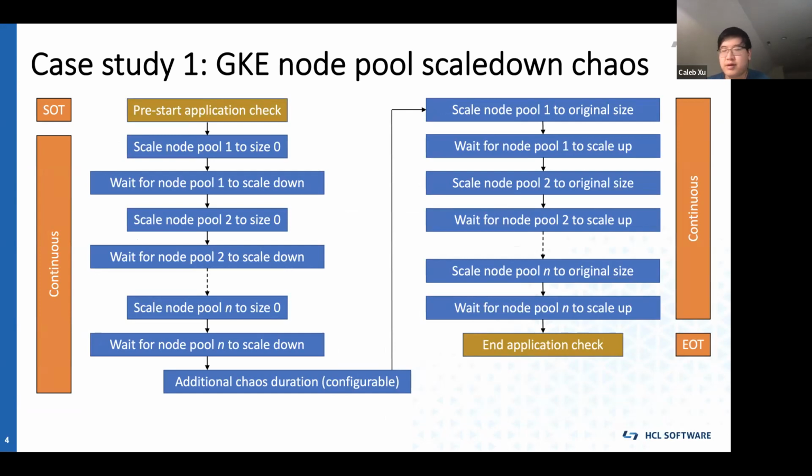The benefit is that we can use the GCP client library for Golang to automate the actual operations of scaling node pools up and down and watching these node pools be provisioned and torn down. And then we can hook into the existing functionality provided by Litmus SDK for authentication, for probes, reporting, monitoring, logging.